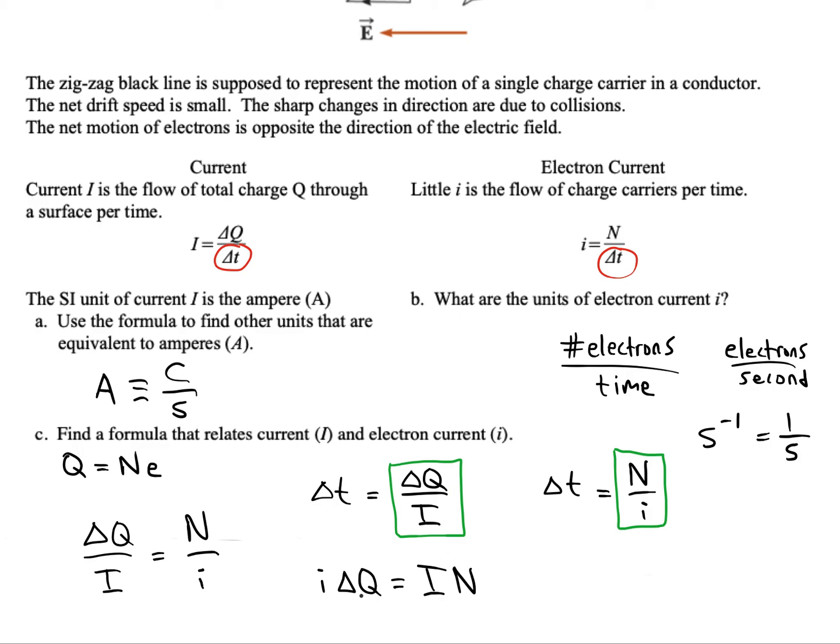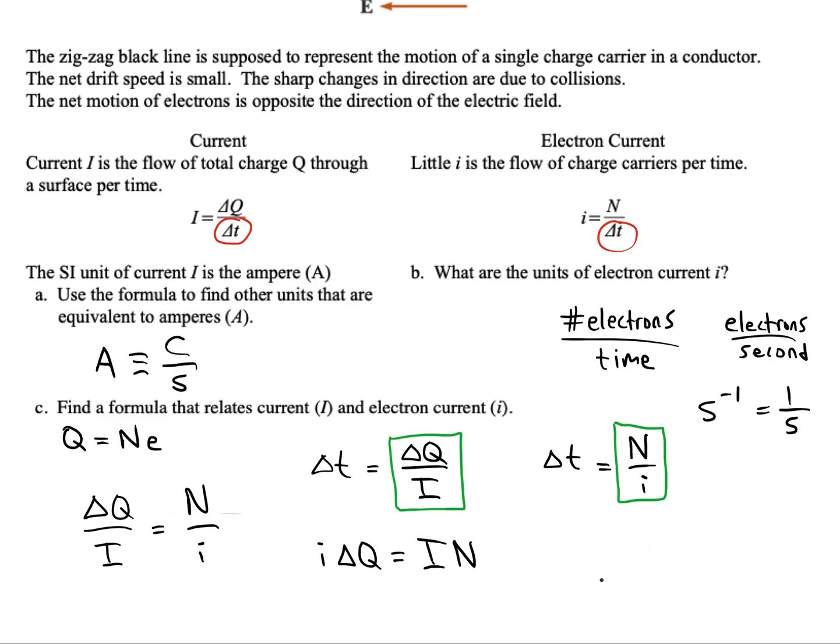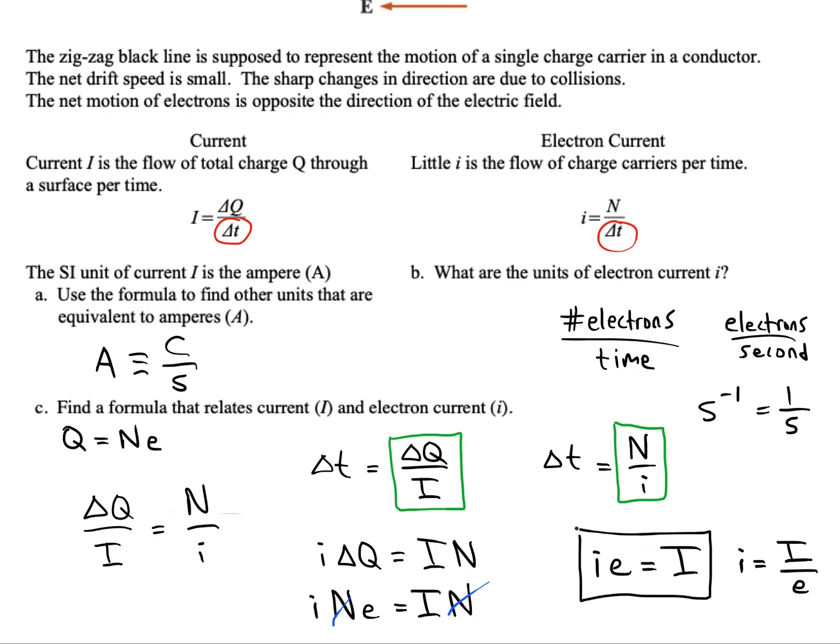And if we replace Q with Ne, we'll get little i times N times e equals big I times N, and the N's will cancel. We're left with the formula little i times e equals big I, or it could be written as little i equals big I over e. So these are formulas we can use to convert between current and electron current, where e stands for the elementary charge of the charge carriers.